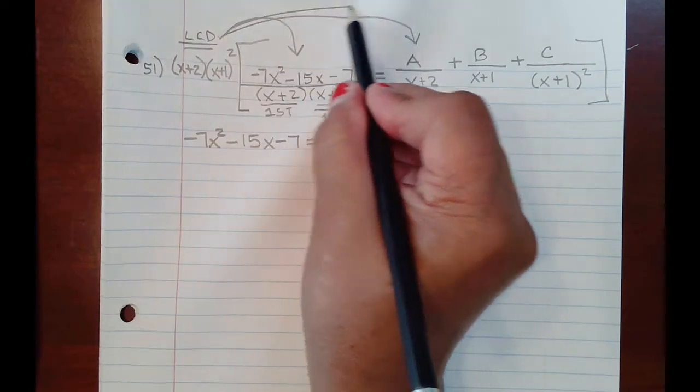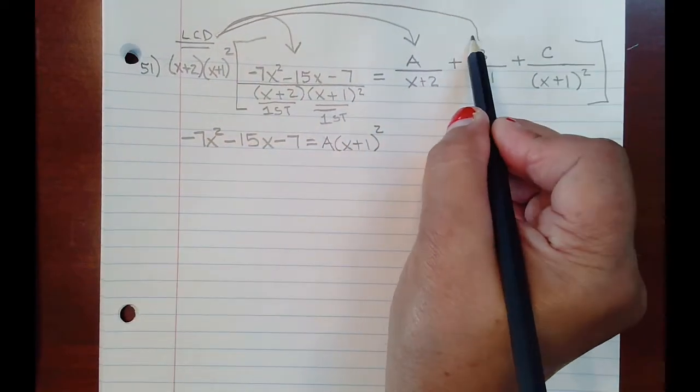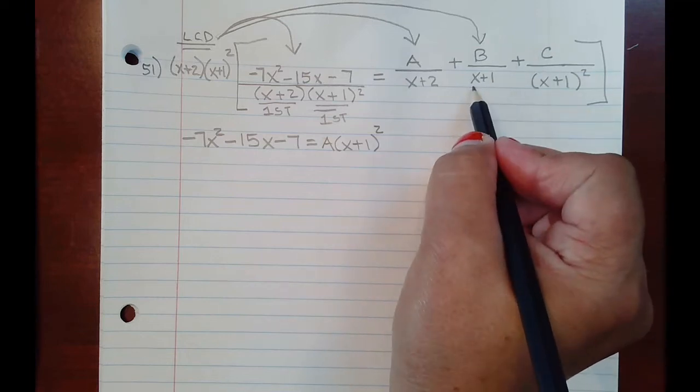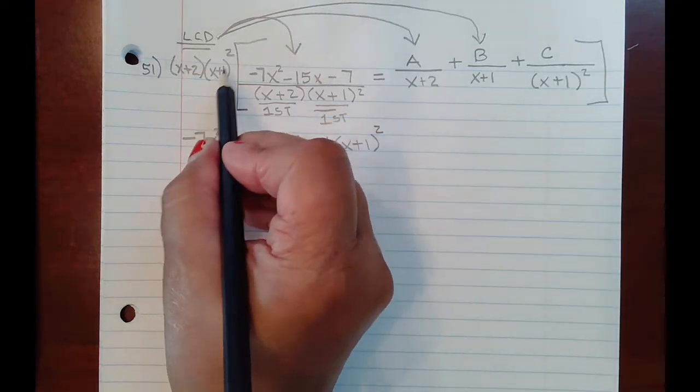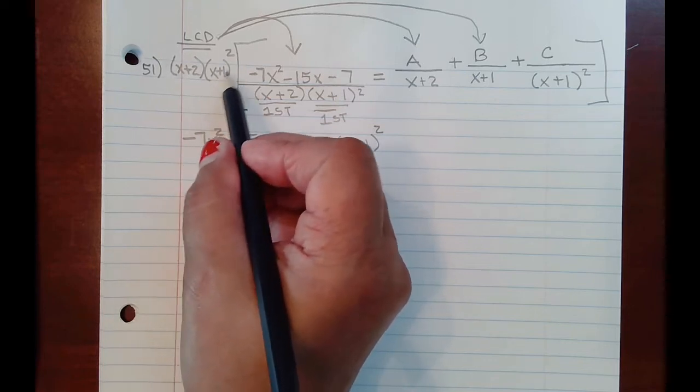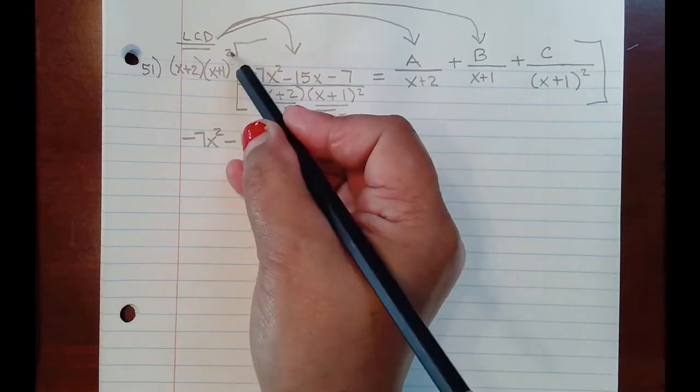Okay, next you're going to multiply the LCD by the second fraction over on the right-hand side. The x plus 1 in this denominator cancels with one of the x plus 1's in this repetitive factor. So one of these cancels with one of these.